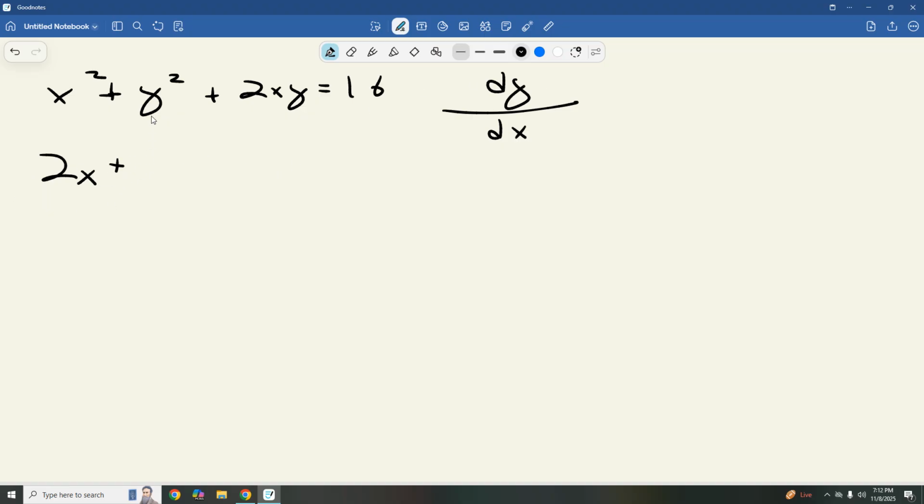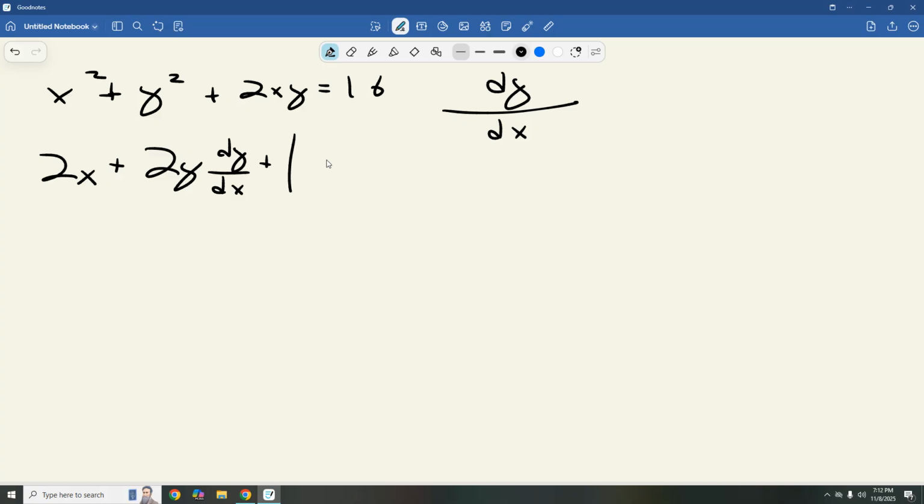So now if you go to the next one though, which is y squared, you're going to go 2y, but since you're deriving the y function and you're respecting x, you need to add the dy over dx term here. Then we go to the next one.